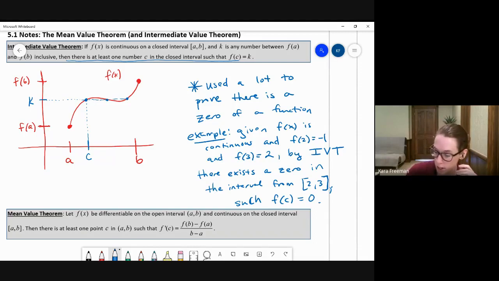Does that make sense? No, there exists a c, some x value between 2 and 3, on the interval from 2 to 3, such that f of c equals 0.